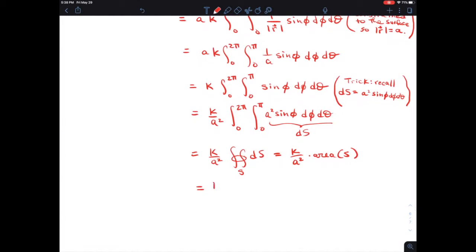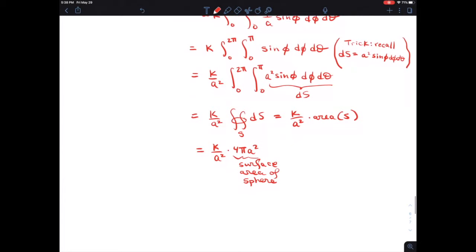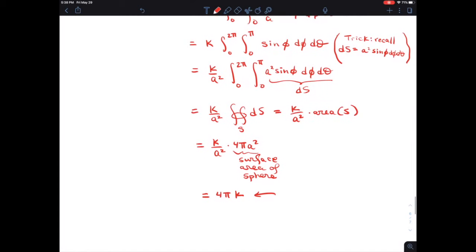So it is k over a squared times 4 pi a squared. So in the end, you just get 4 pi k. Okay, and notice this is independent of the radius of the sphere.